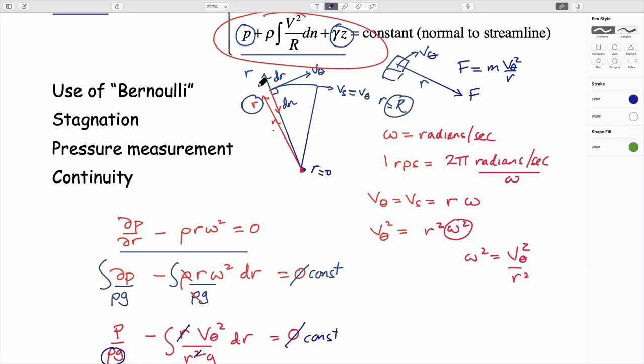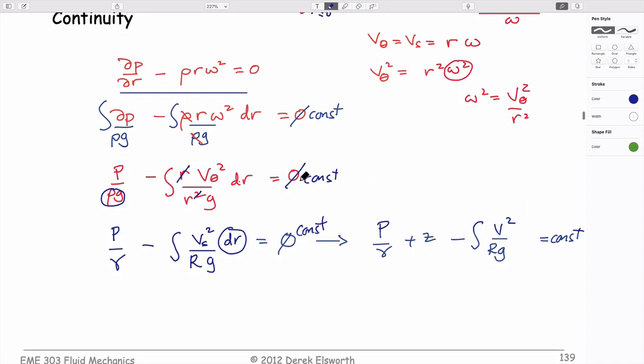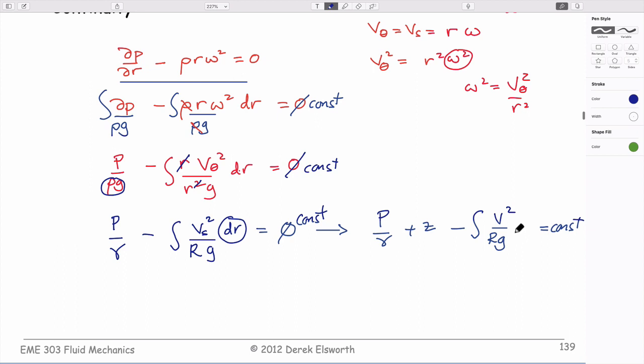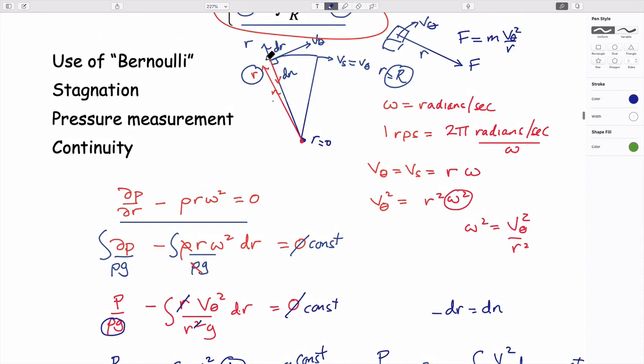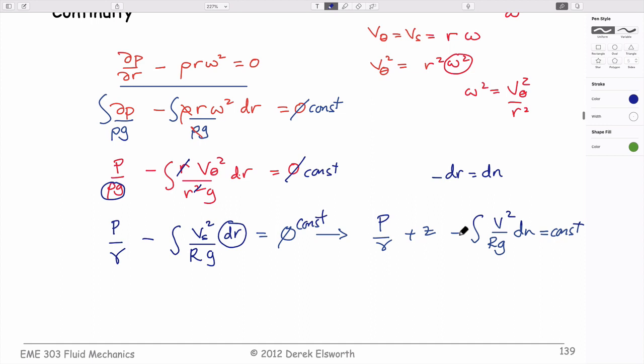But N is what points in towards the fulcrum that I'm swinging around, just by convention. So I can write this as dn. And if we know that dr is equal to minus dn, because they're in the opposite direction from each other, then this just becomes a positive. And so this is the kind of final expression that we'll need.